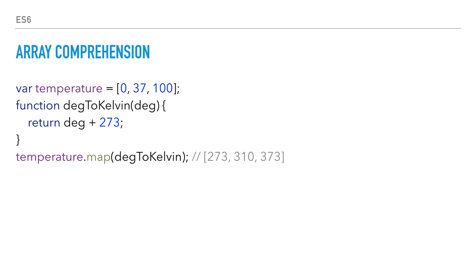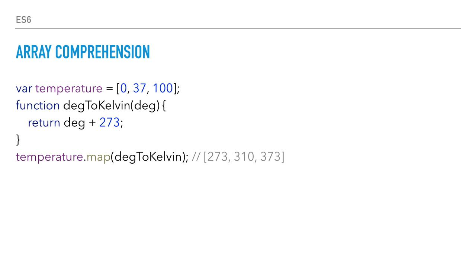So this is a mapping function. For those that have worked, for example, with Mongo, this is the concept of map reduce. So we apply a mapping function to an original array, and then we have another array with the new values. So this is what array comprehension is.